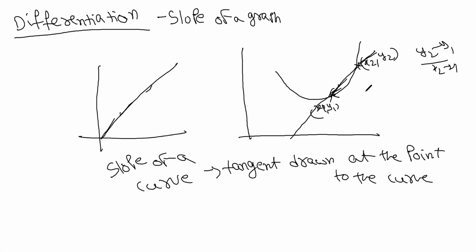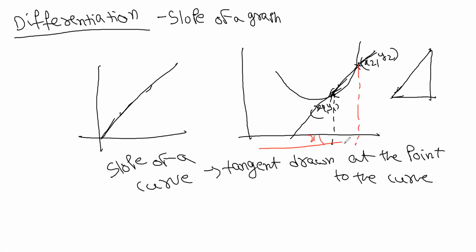So in general, how did we get y2 minus y1? There is a simple trick. We are making a triangle. Till here it is x1, till here it is x2, so this distance is x2 minus x1.